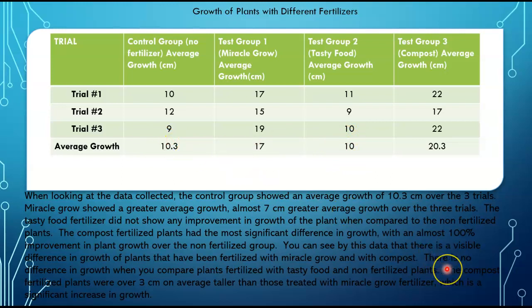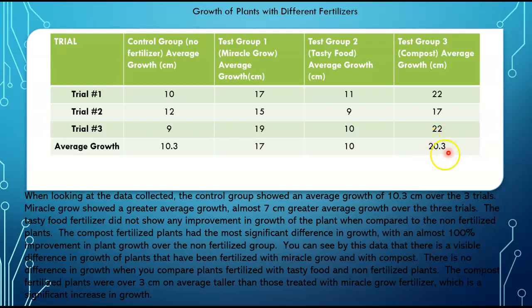Then I go on to say the compost fertilized plants were over 3 centimeters on average taller than those treated with Miracle-Gro fertilizer. So I look here at the highest and I compare it to the next highest, and I show that 3 centimeters, that's a big difference.